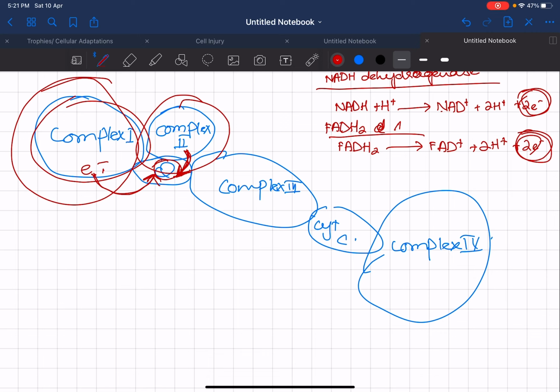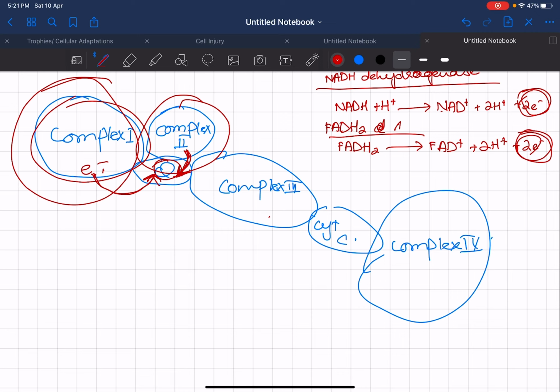Moving on further, towards the third complex, we have the cytochrome reductase complex. Okay, what is it? The cytochrome reductase complex. Now, what is this cytochrome reductase complex going to do?